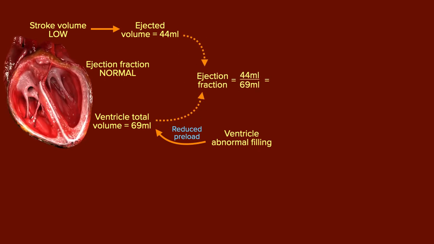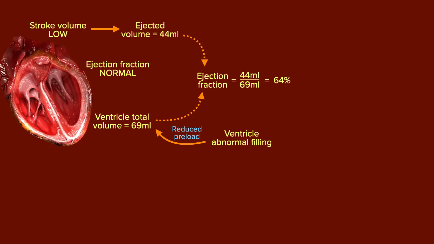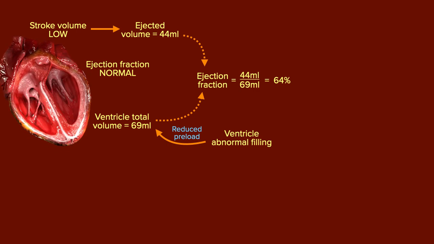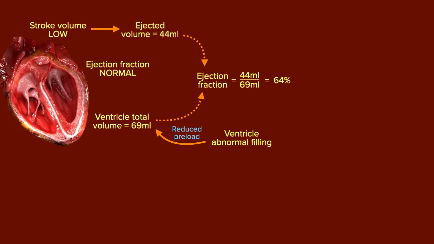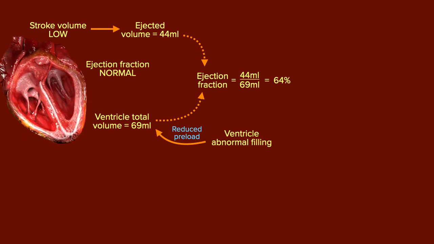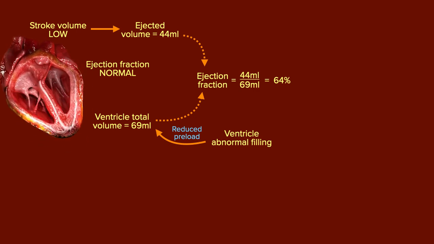Well, in this case we still have 44 milliliters that are squeezed out. So if we divide 44 by 69, we get a percentage of 64%. And remember, that was considered normal. It's between 50 and 70.